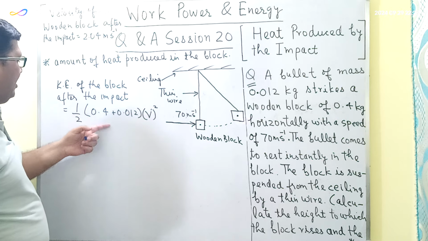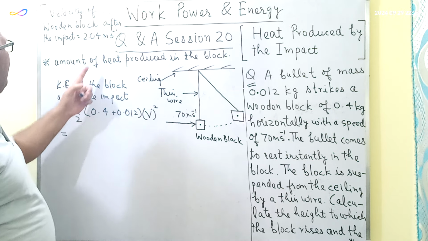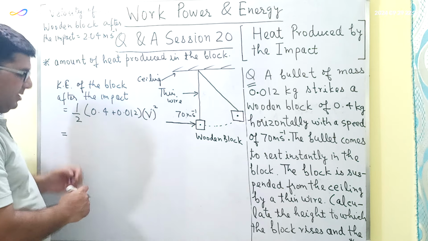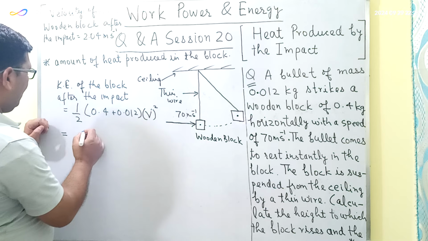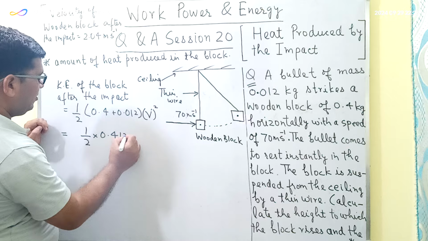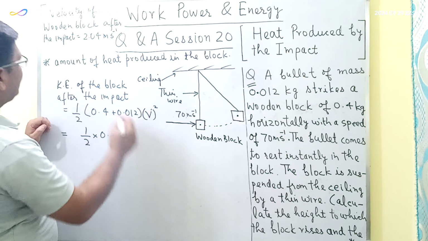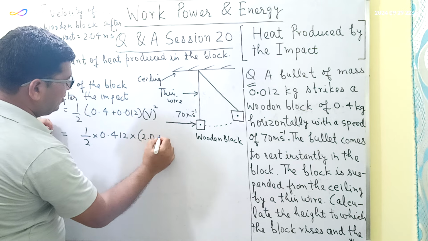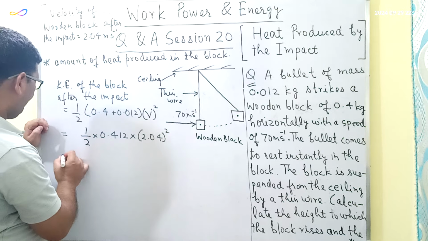So this is the value of the kinetic energy of the wooden block after the impact, and this value will be equal to 1 by 2 into 0.412 into V dash square, which is 2.04 whole square.